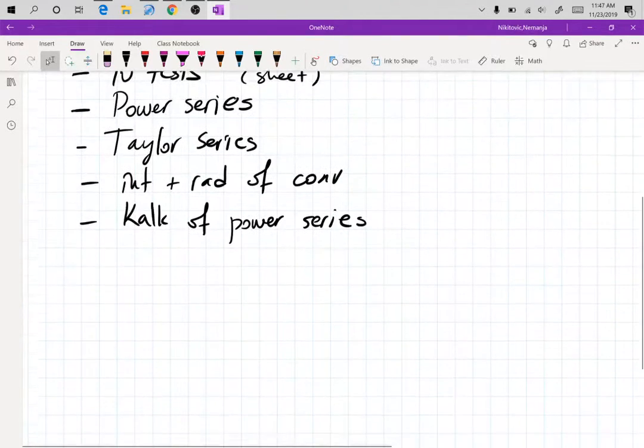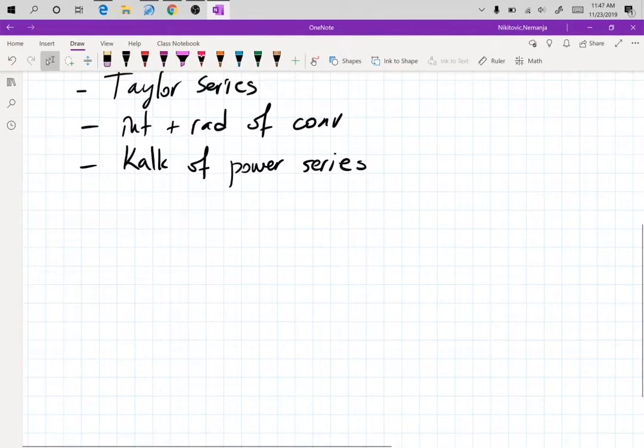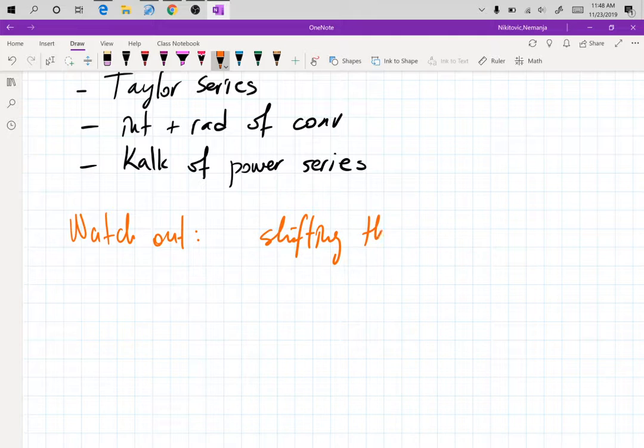Now, some things that on the side wreck your exams are these things, so watch out. Shifting the counter. Shifting the counter, and that is your geometric series must start at 0 for a r to the n.